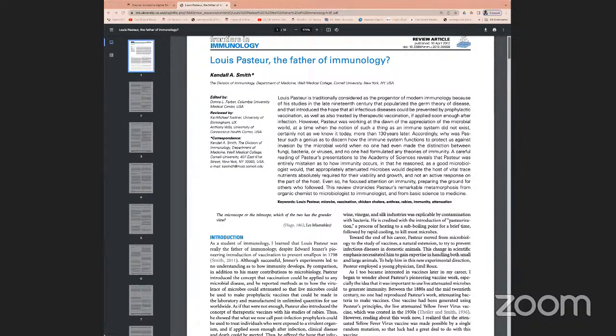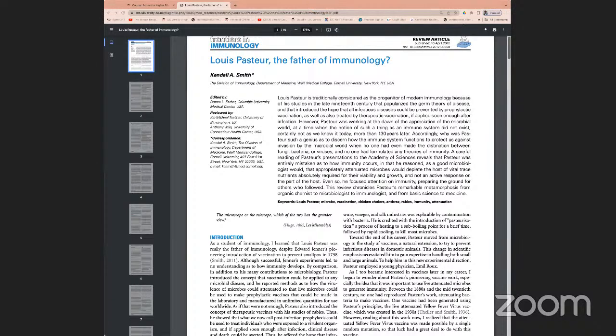And from there they derive nutrition and obviously survive. These pathogens could be classified as virus, bacteria, fungi. These microorganisms are not visible to the human eye, so sometimes we have to look at them under the microscope.